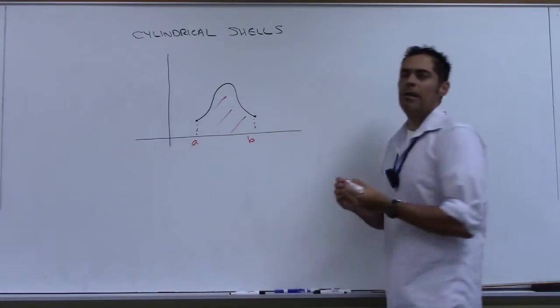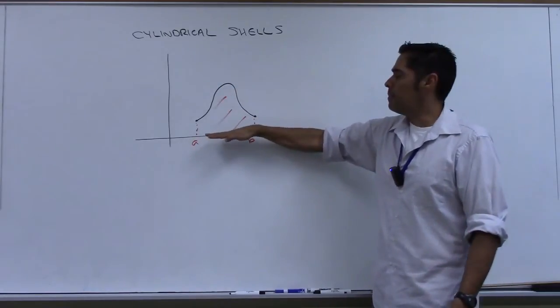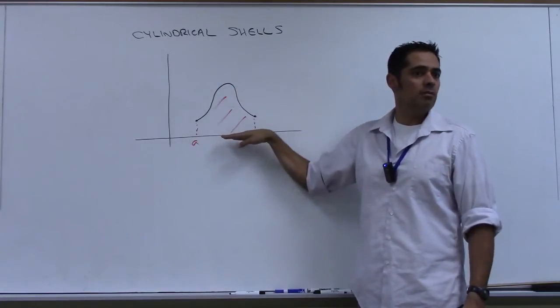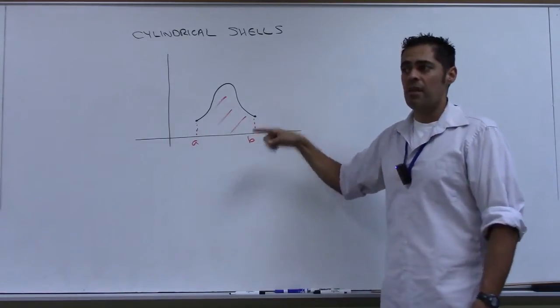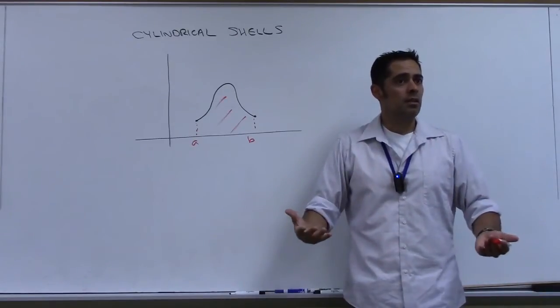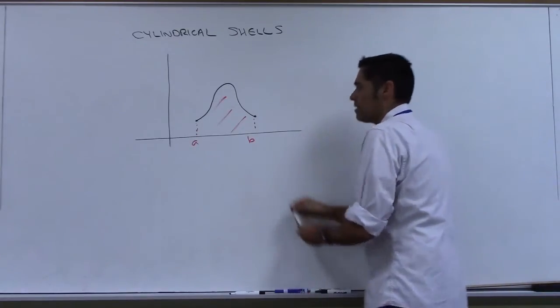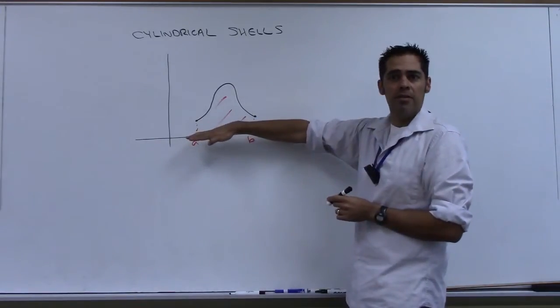You could look at this as being two functions. There's a function on top and a function on bottom. Here the bottom function is just y equals 0, which is the x-axis. If I wanted to wrap that around the x-axis, I would use washers, right? The method that we learned. And that would be because the rectangle we'd be wrapping around would be perpendicular to the axis of rotation.